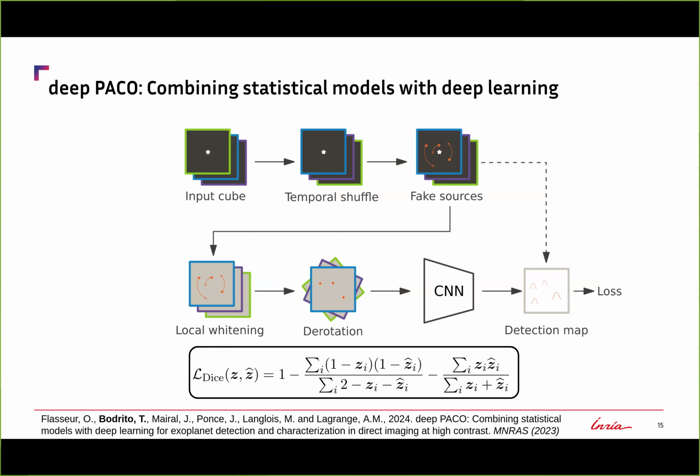The CNN operates at a larger spatial scale, at the scale of the whole field of view, so it's able to take into account those non-local correlations. That's what helps in the detection of the source. I don't know if that answers your question.